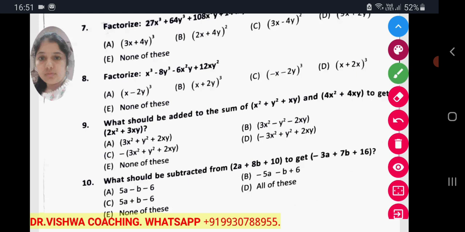What should be added? Suppose A is the equation which is to be added in what?